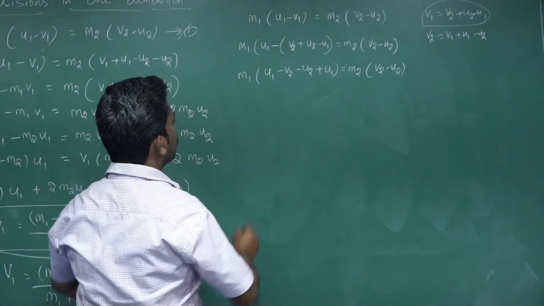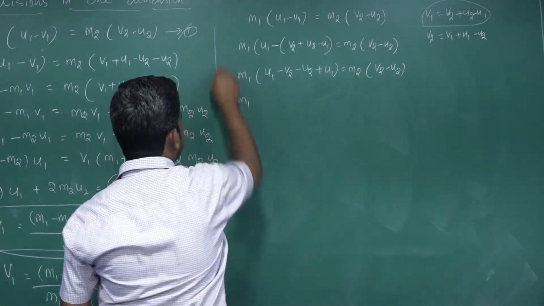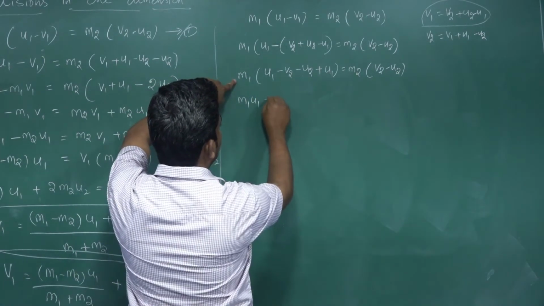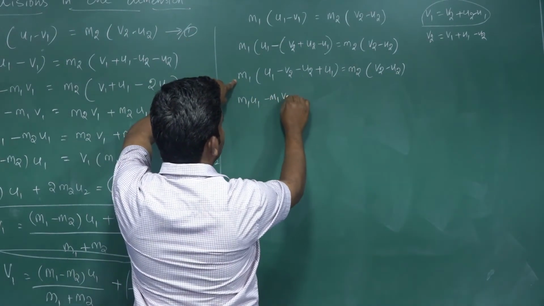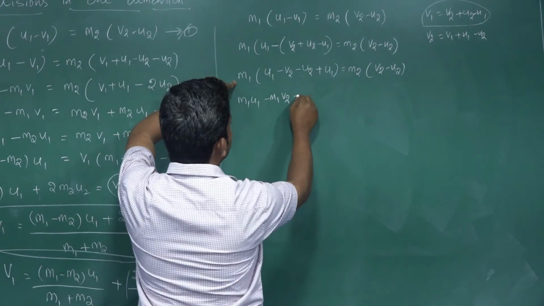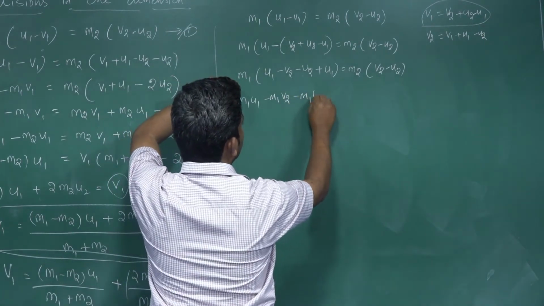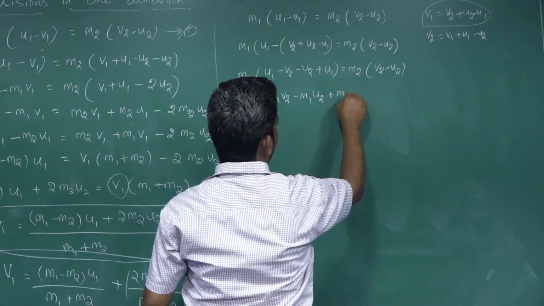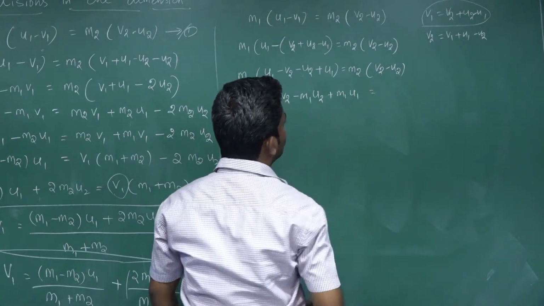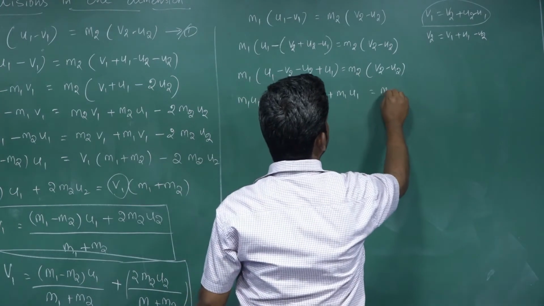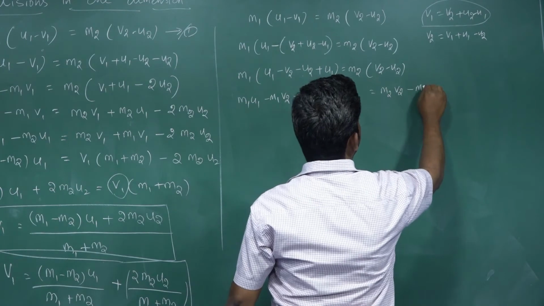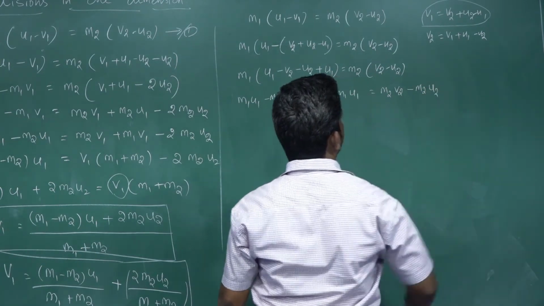Multiply the m1 values: m1 u1 minus m1 v2 minus m1 u2 plus m1 u1 is equal to m2 v2 minus m2 u2.